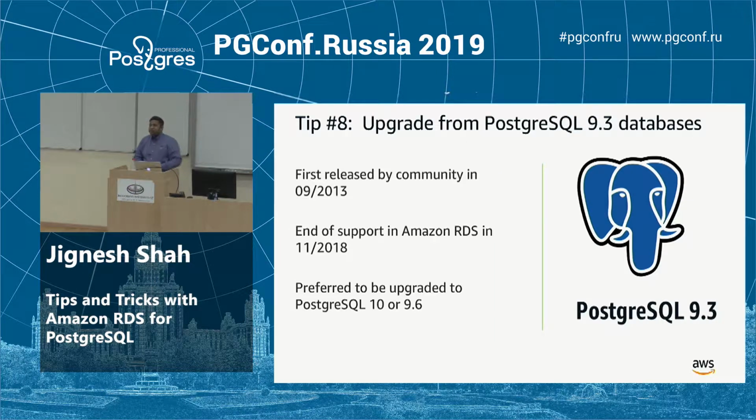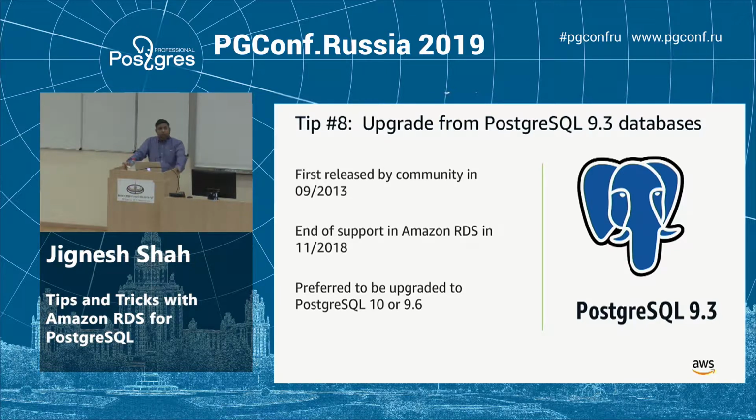Anybody still using Postgres 9.3? Okay, I'm happy. The community has ended support for version 9.3, and we have also ended support for it. If you're still using 9.3, it is unsupported now, and you won't be able to create new instances anyway soon.